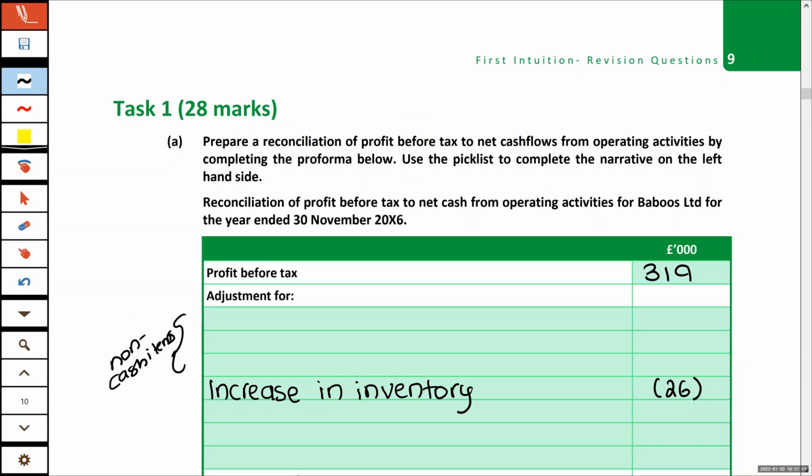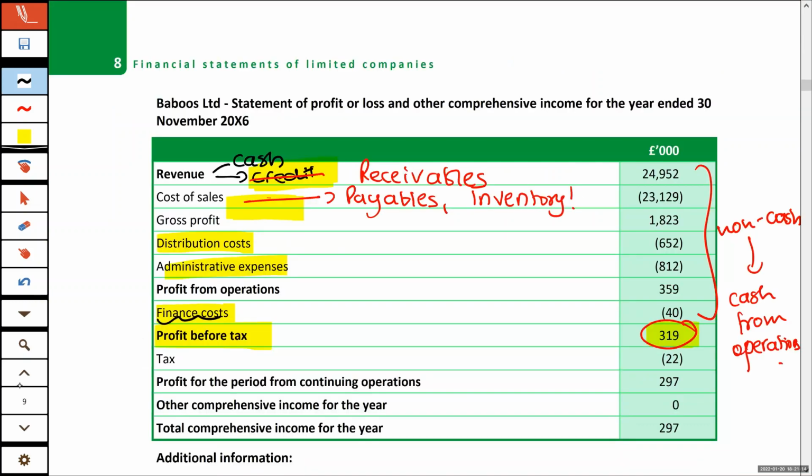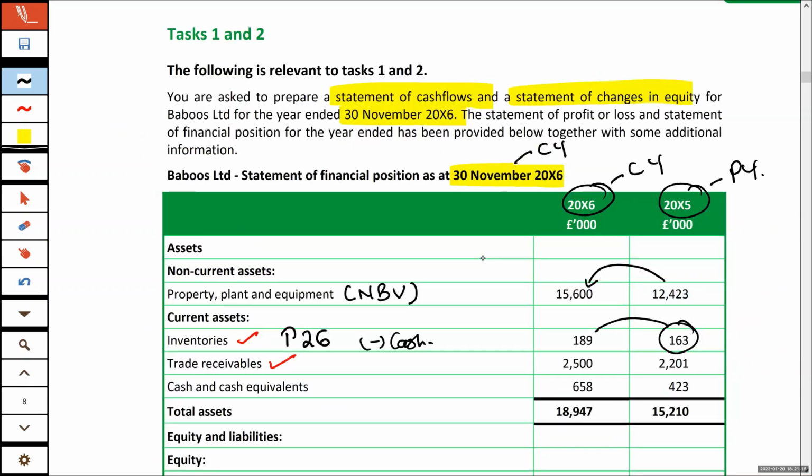Now that I've taken care of inventory, I'll go to the next item, which is receivables. Again, as we said, we're doing a brought forward, carry forward calculation. So I'll look at my brought forward, 2,201, carry forward is 2,500. Again, this has increased, and that's increased by 299.